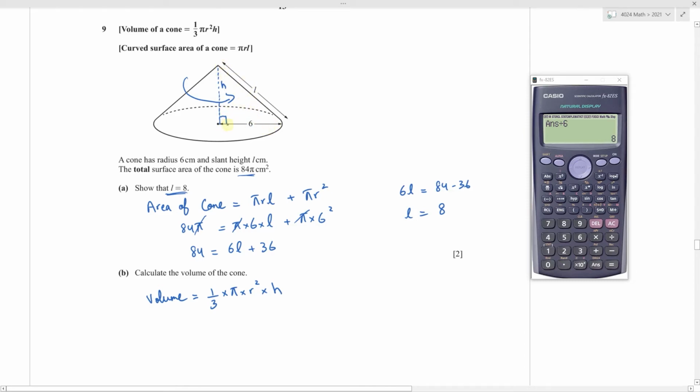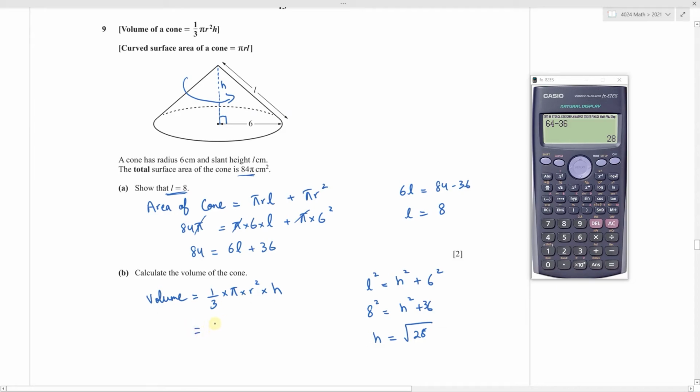I can use the Pythagoras theorem, which will give me L square equals h square plus 6 square. L is 8, so 8 square equals h square plus 36. So h will be 8 square is 64 minus 36, square root of 28.